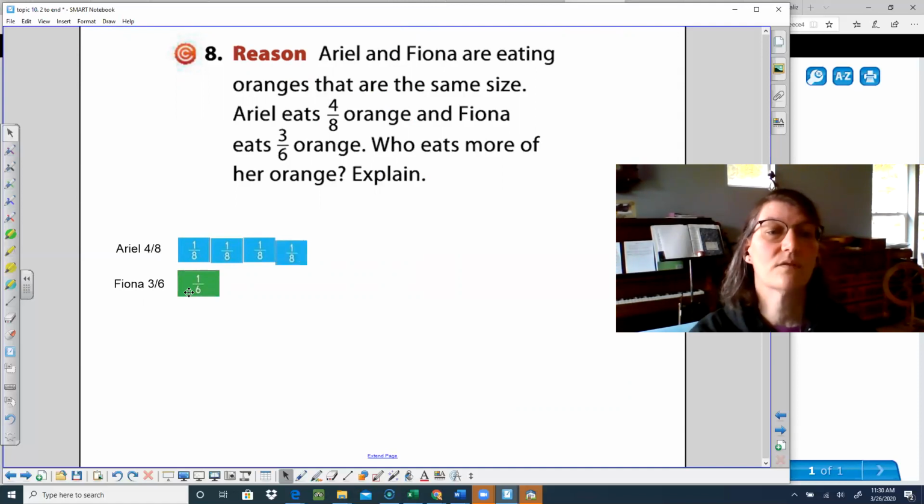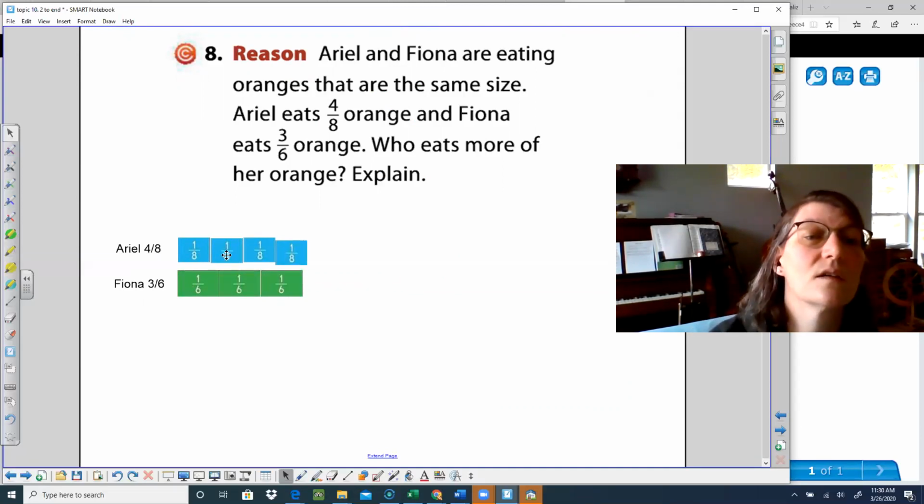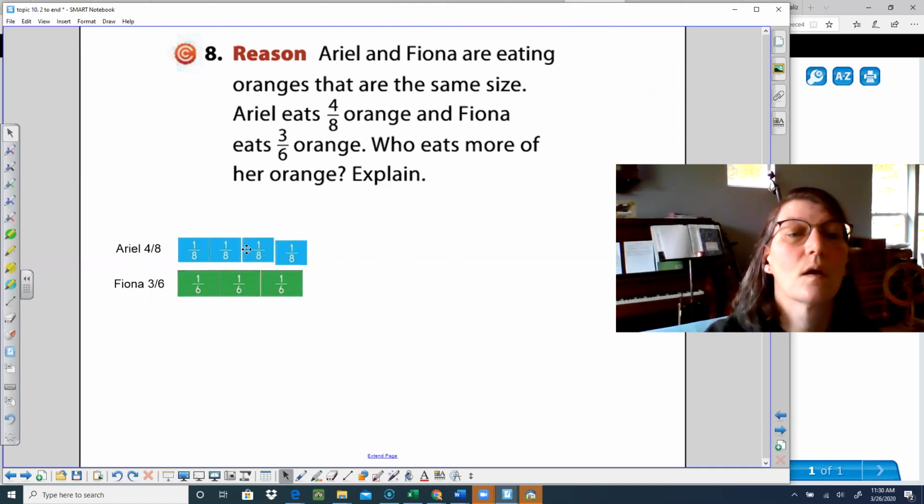Now Fiona needs 3 of them. So there's 2 and 3. Okay, now if I had lined these up better, we'd be able to make an observation. But they are hard to move. There we go.